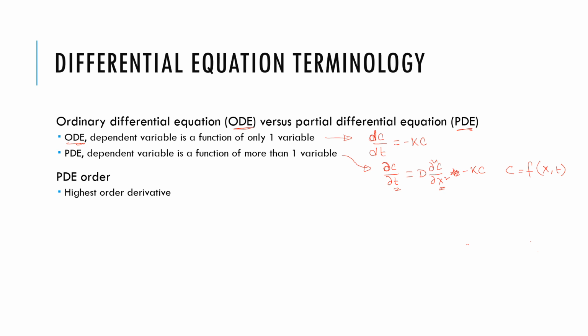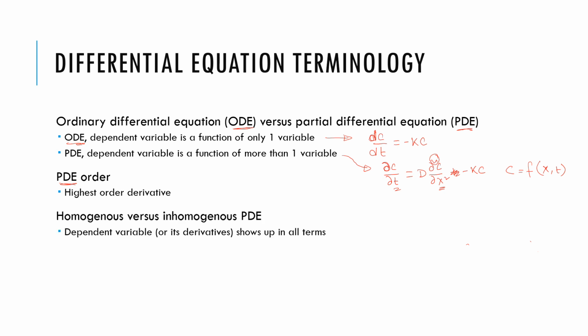So what is the order of a PDE? In this equation, for example, the order is 2 because that's the highest order derivative. What is homogeneous versus inhomogeneous PDE? This equation, for example, is inhomogeneous, and if I write the homogeneous version, then you'll know the difference.